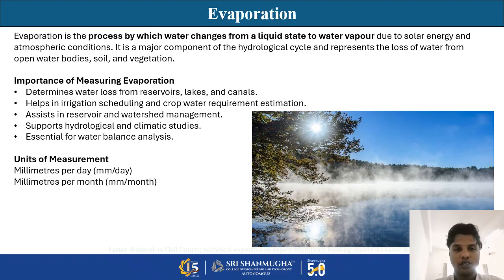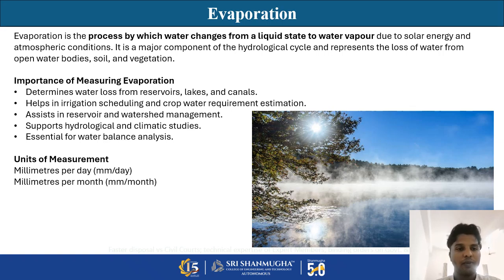The importance of measuring evaporation is to determine the water loss from reservoirs, lakes and canals. It helps in irrigation scheduling and crop water requirement estimation. It assists in reservoir and watershed management, supports hydrological and climatological studies, and is essential for water balance analysis. So these are the importance of evaporation.